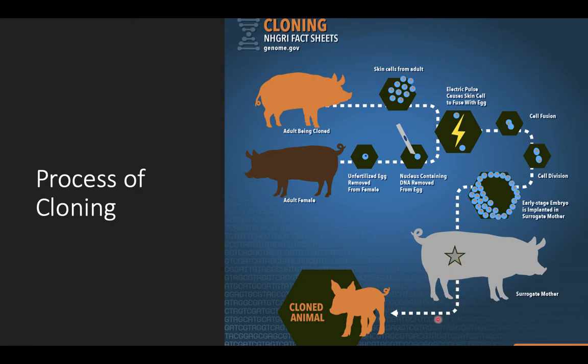When this mother gives birth to it, this cloned animal here is not the biological baby of the surrogate mother. It is actually a clone of this adult here that you were trying to clone from the first place. So this adult up here is 100% identical DNA-wise to the cloned animal here. Okay, so it's a pretty straightforward process if you think about it.